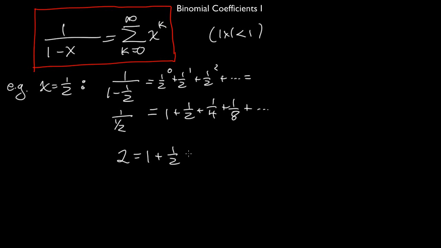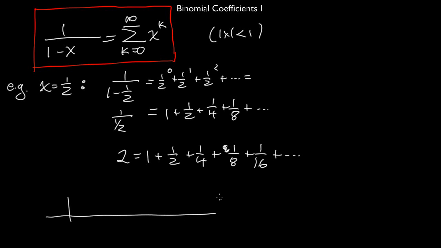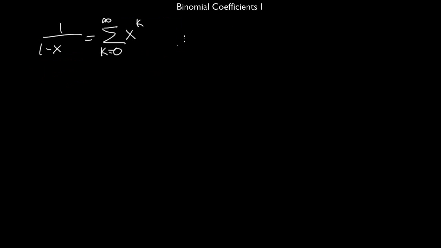So I'm claiming that 2 is equal to 1 plus a half plus a fourth plus an eighth and so on. And absolutely, that's true. You can even see it. You draw the picture. Here's 1, and then 1 plus a half, and then 1 plus a half plus a fourth. You're getting closer and closer to 2. So it's a strange looking formula, but at the end of the day, it's actually quite natural and correct.